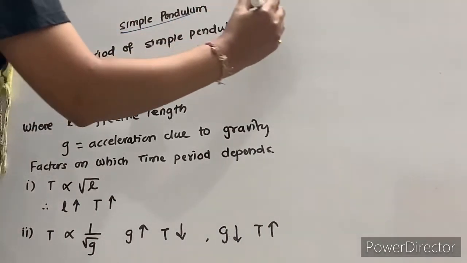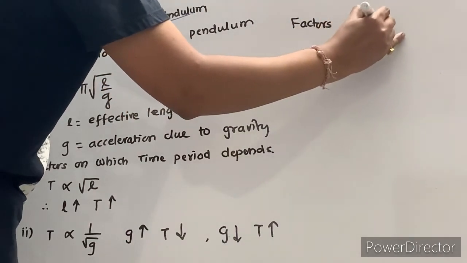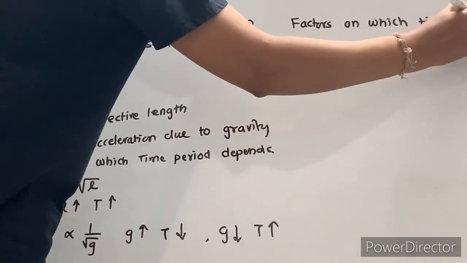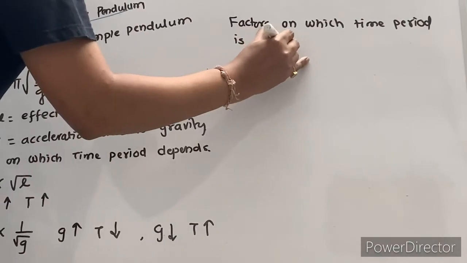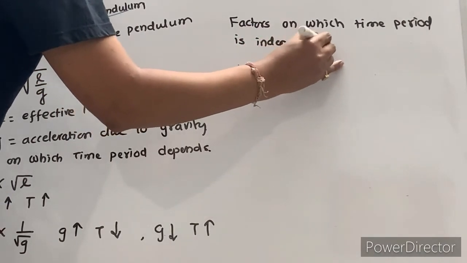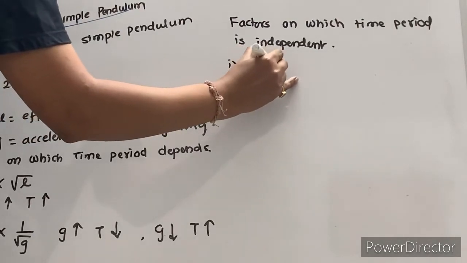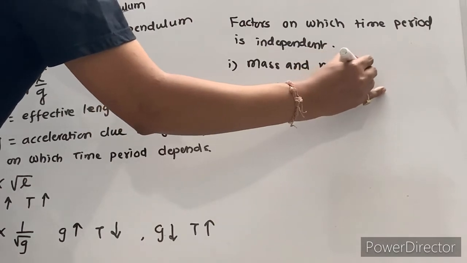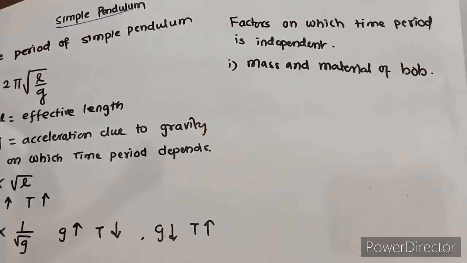Now the factors on which time period is independent. It is independent of two factors. What are they? First is the mass and material of the bob.